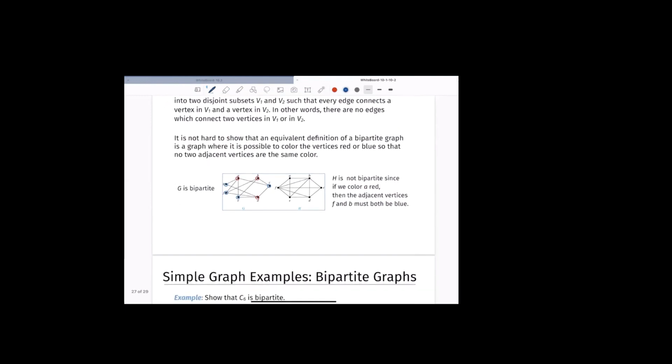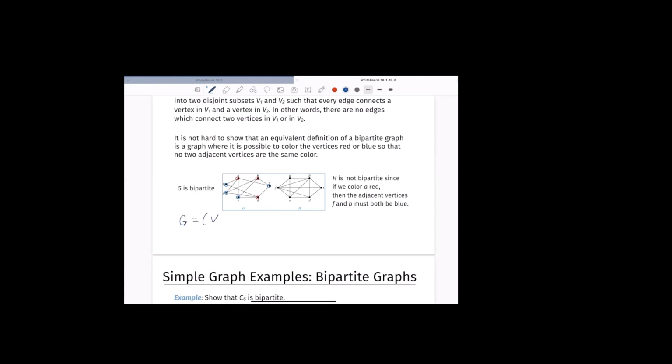Now I want to talk about bipartite graphs. A graph is called bipartite if the set of its vertices can be partitioned into 2 non-overlapping subsets. When I say the word partition, I mean it can be split into 2 different subsets that do not intersect one another and whose union is the entire set V. So I have a graph G. What's a graph?